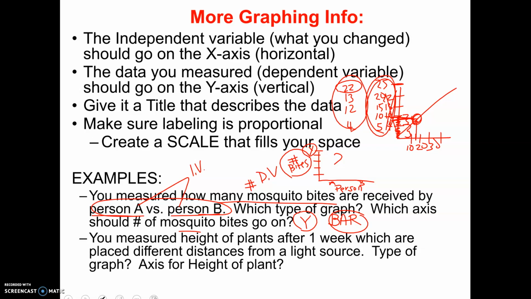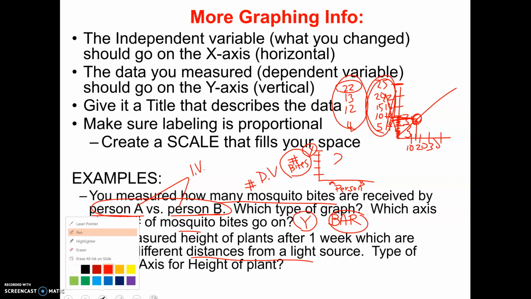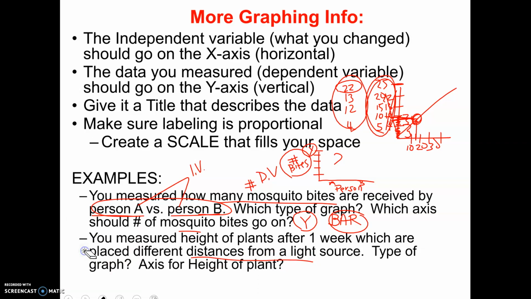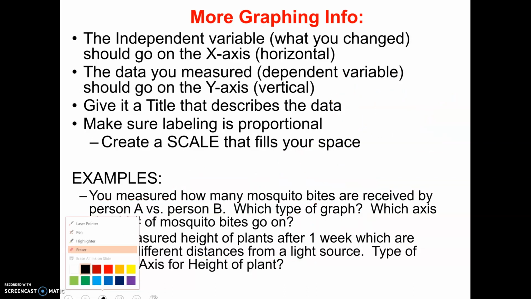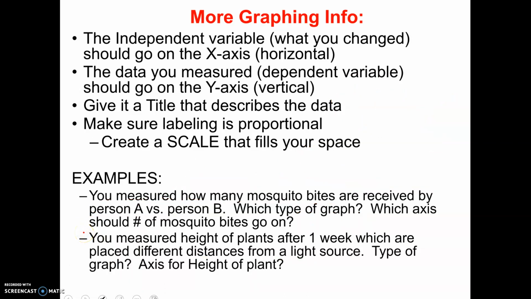All right, for the second one, you measure the height of plants after 1 week after they're placed different distances from a light. So we're actually going to take a light. So let's imagine, let me erase my work here so you can visualize this maybe a little better. Okay. So what I'm going to do is I'm going to have a light source. So imagine I have a light bulb here.